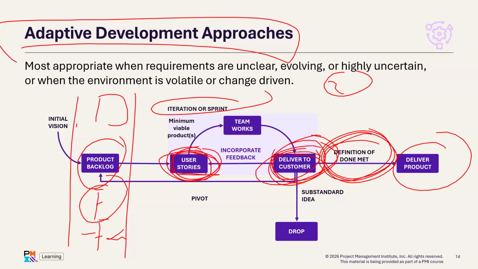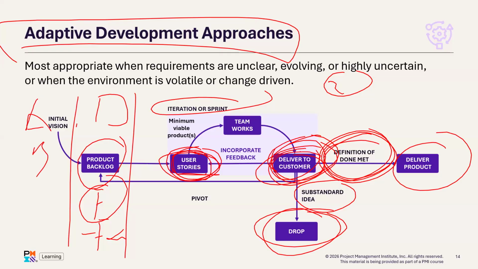But when we deliver to the customer and we test and we find out that the feature is substandard, it doesn't really add any value, we drop it from the product under development. We drop that feature. Based on what has been produced, the customer may feel that, okay, we arranged our backlog in this order. This is the order in which the work was supposed to be done. We've done the first one.